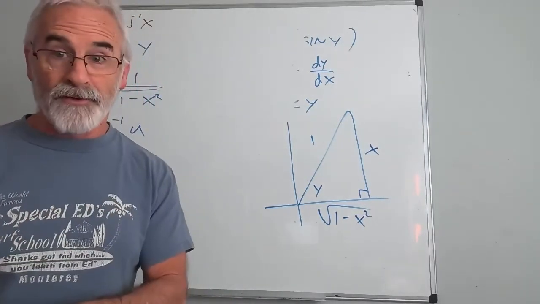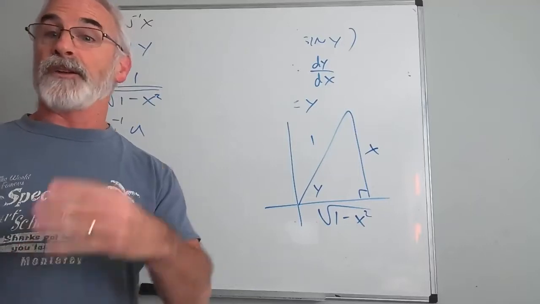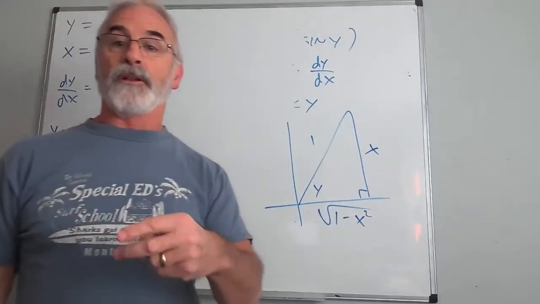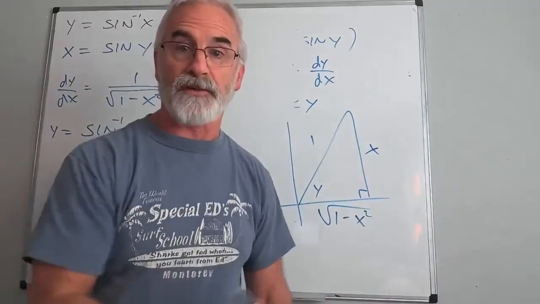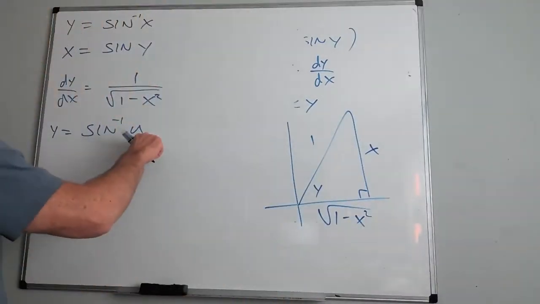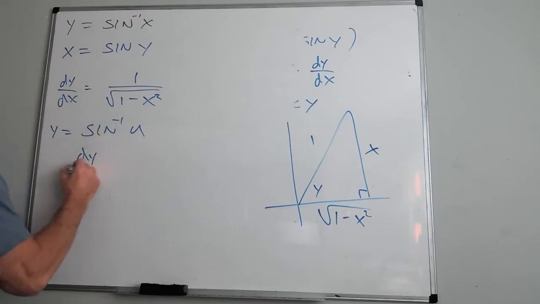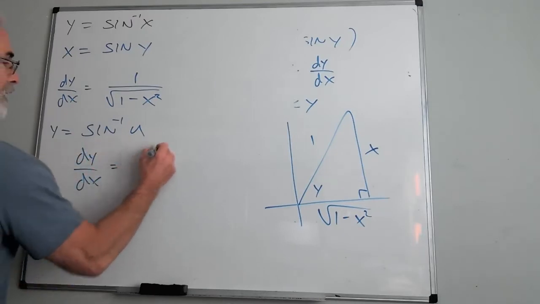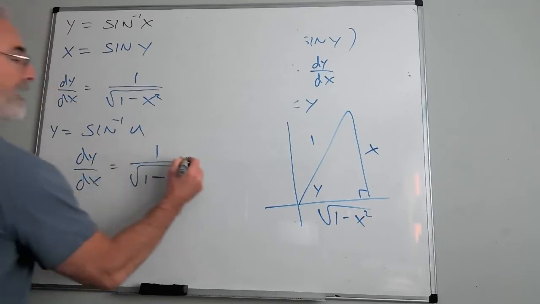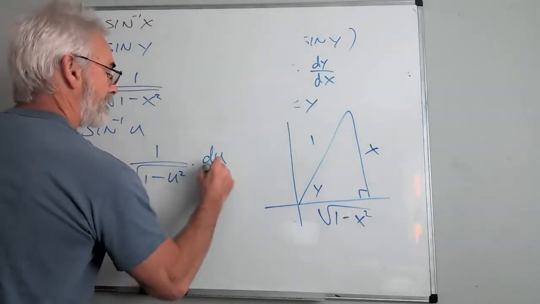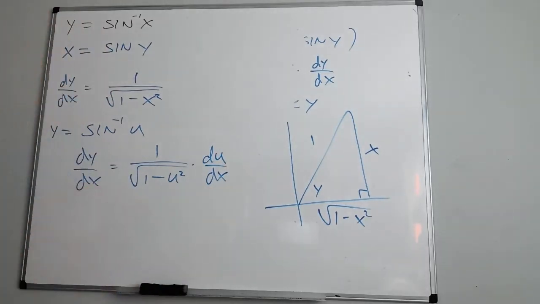But far more often, you're going to do inverse sine of u for some function, natural log of u, u to a power. That's far more common than just the variable. So we always have to know what the chain rule factor is. So this would be 1 over the square root of 1 minus u squared, multiplied by the chain rule factor. That's the most general form.